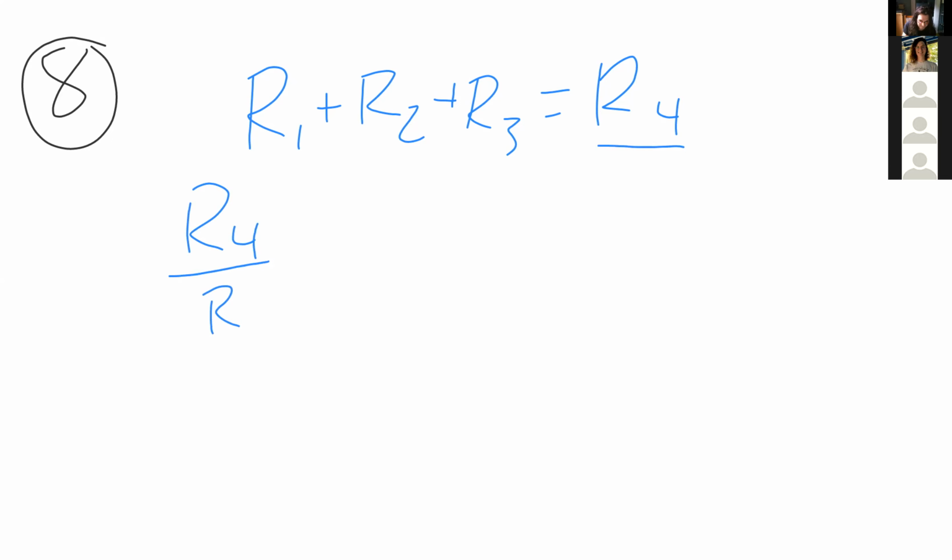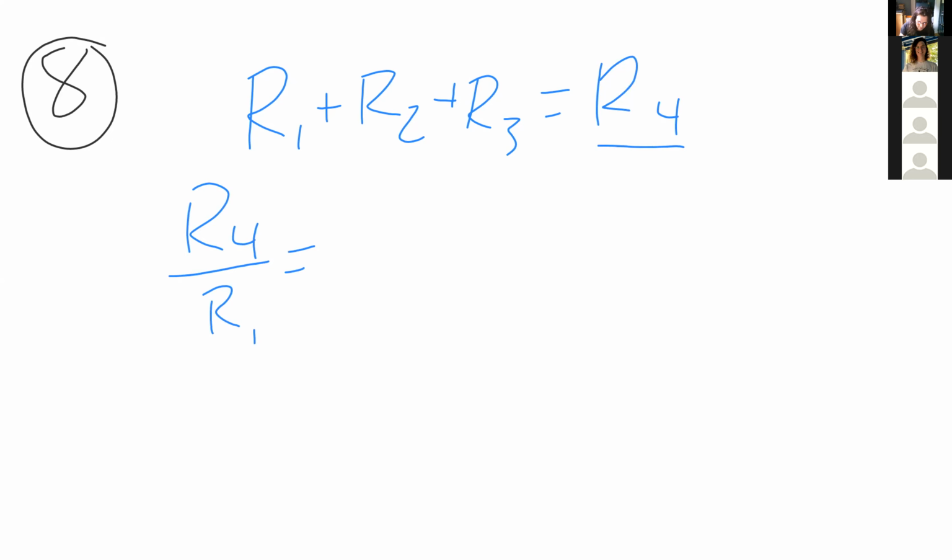Okay, just call it whatever. Call it 1. So the flow rate through 4, we know, and we know the flow rate through 1. So we know this is going to be whatever our answers were.